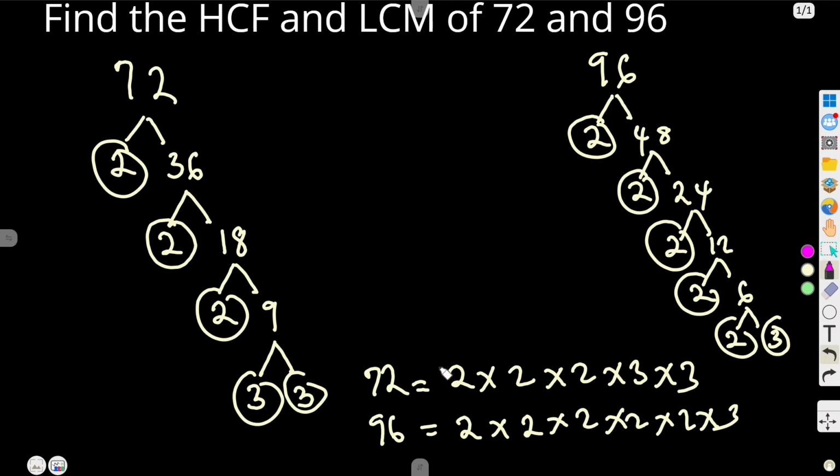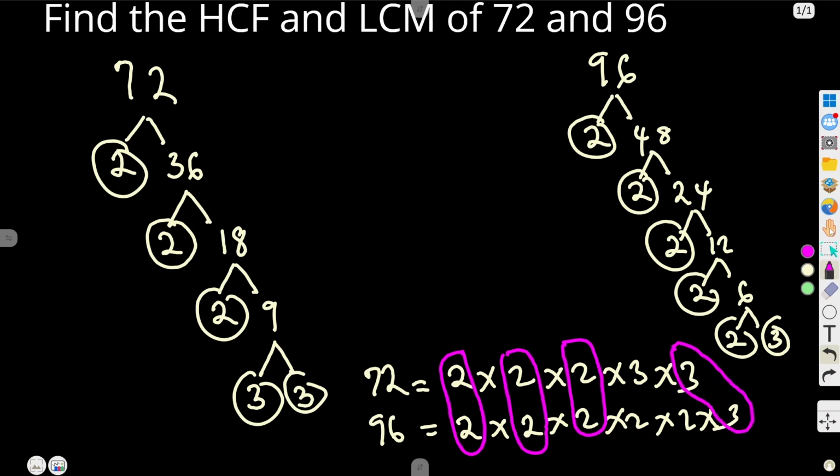What you may need to do is look at the numbers that are common to both lists. This is 1. Another number common to both lists is 2. Another number common to both lists is another 2. And another number common to both lists here will be 3.